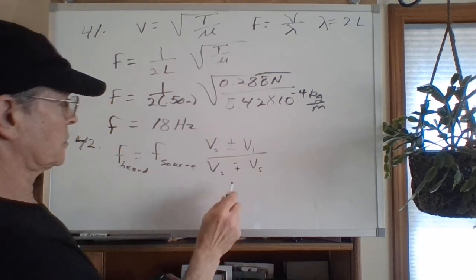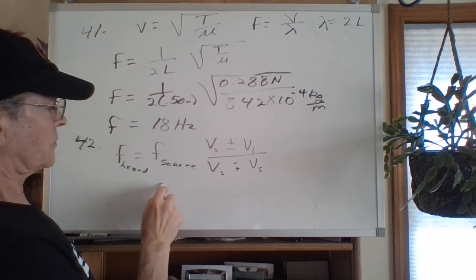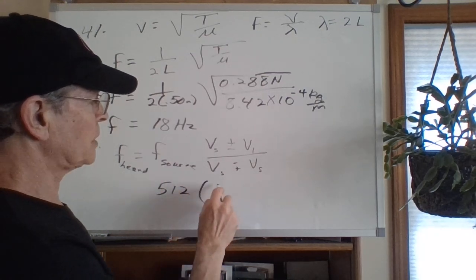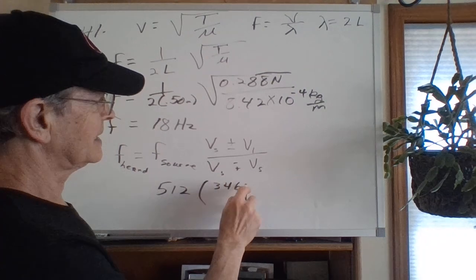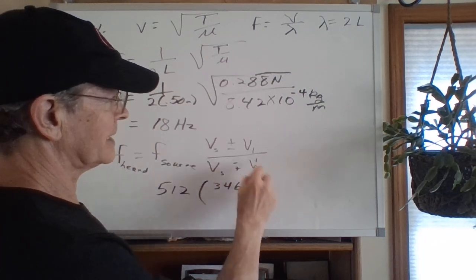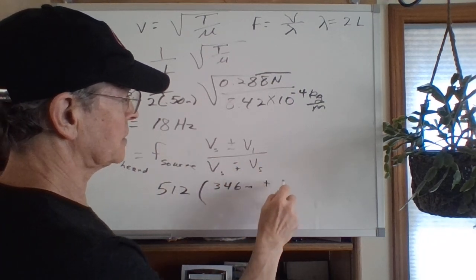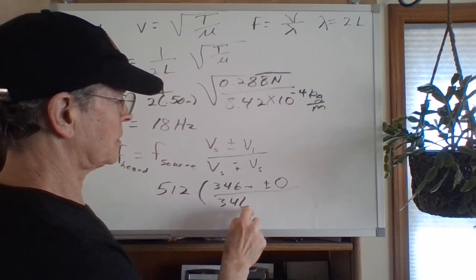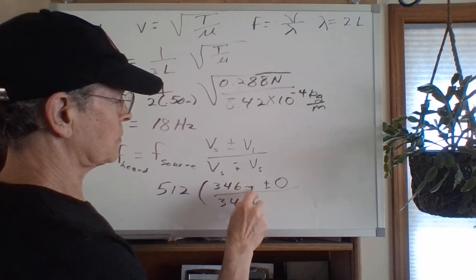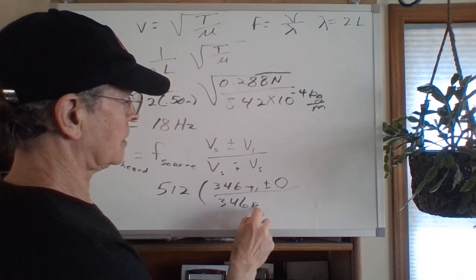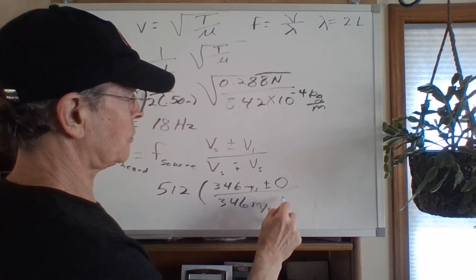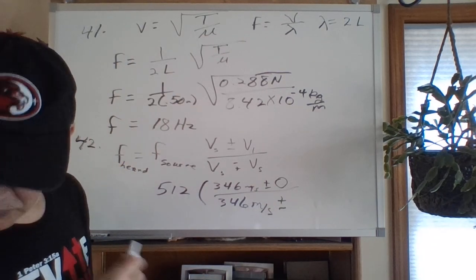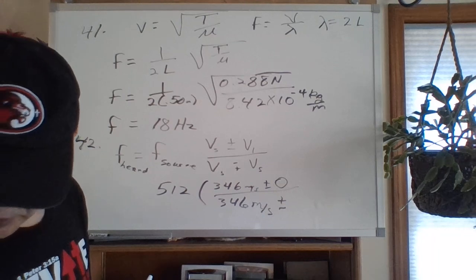Well, the listener is stationary, so this is 512 from yours times the quantity speed of sound 346 plus minus 0, divided by speed of sound again, in meters per second. Do we add or subtract the speed of the source, which is 42 meters per second?